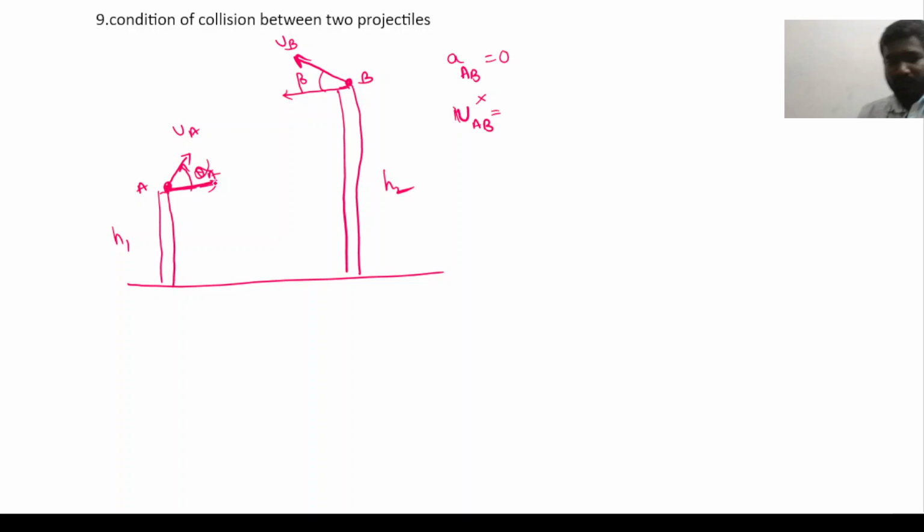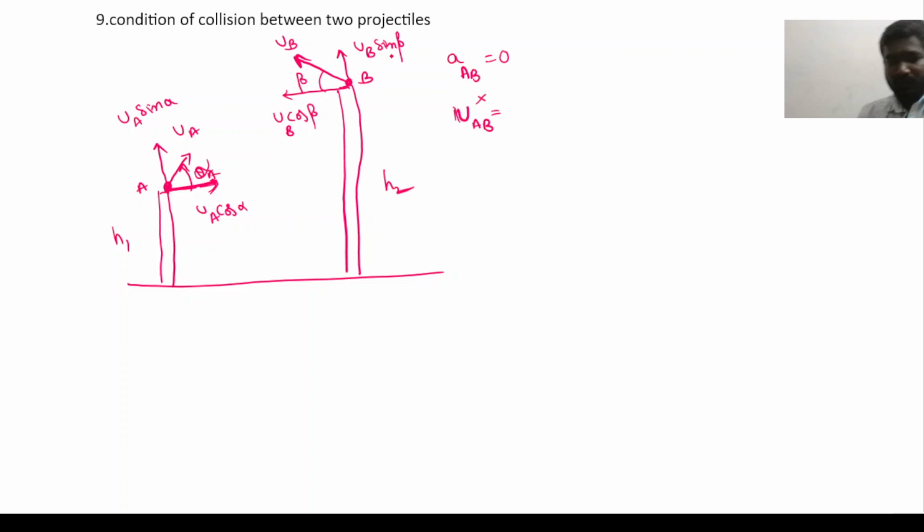Now you can resolve A along the x direction, that is UA cos alpha, and along the y direction, UA sin alpha. Similarly, resolve B: UB cos beta, and along the vertical direction UB sin beta.